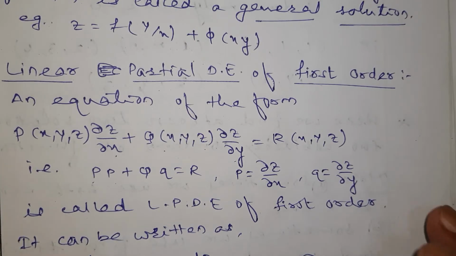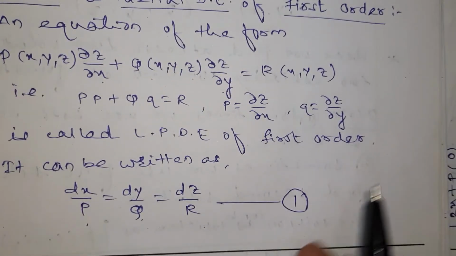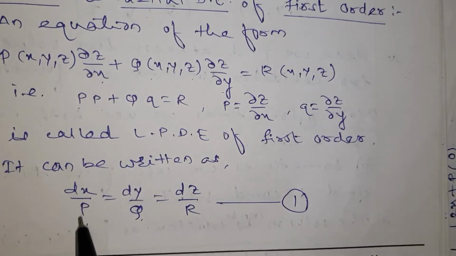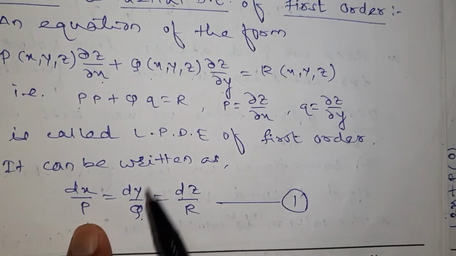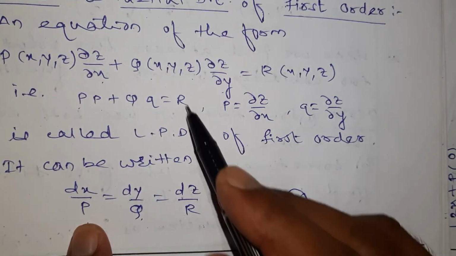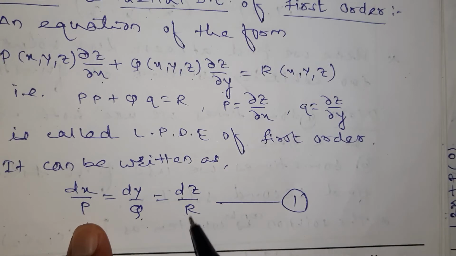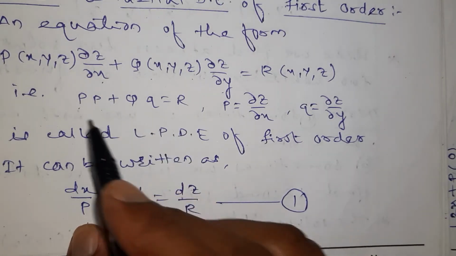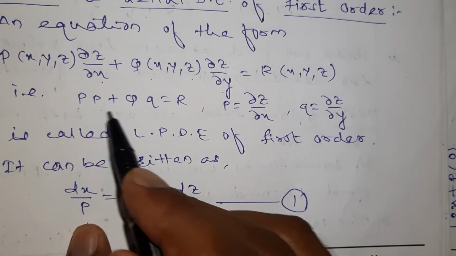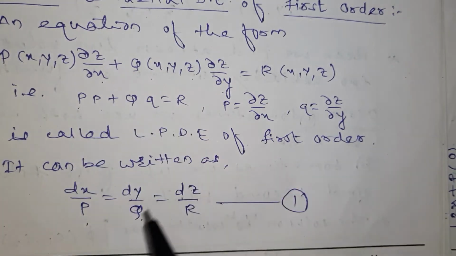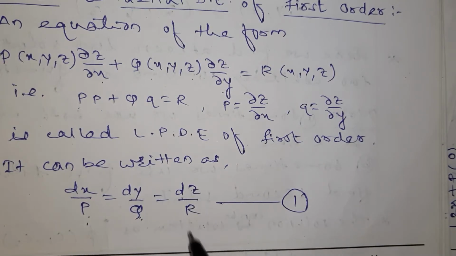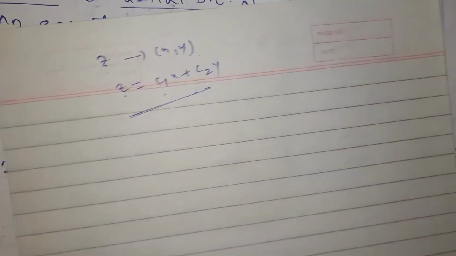And for the solution we write this equation as dx upon capital P is equal to dy upon capital Q is equal to dz upon capital R. You just see these two equations: capital P into small p plus capital Q into small q is equal to R, and to solve this equation we write dx upon P is equal to dy upon Q is equal to dz upon R. For your understanding I am writing here.